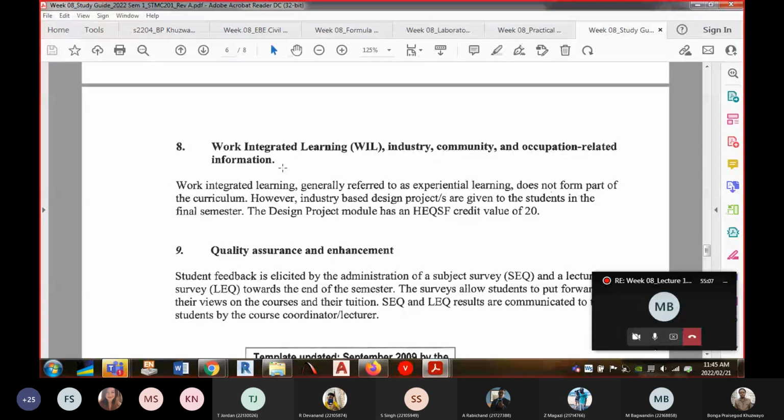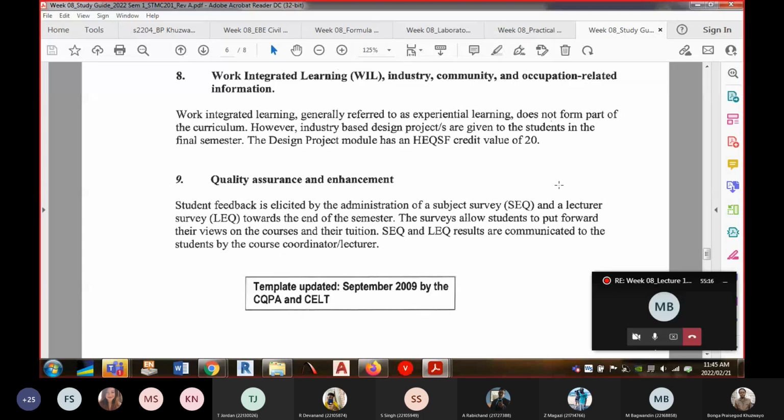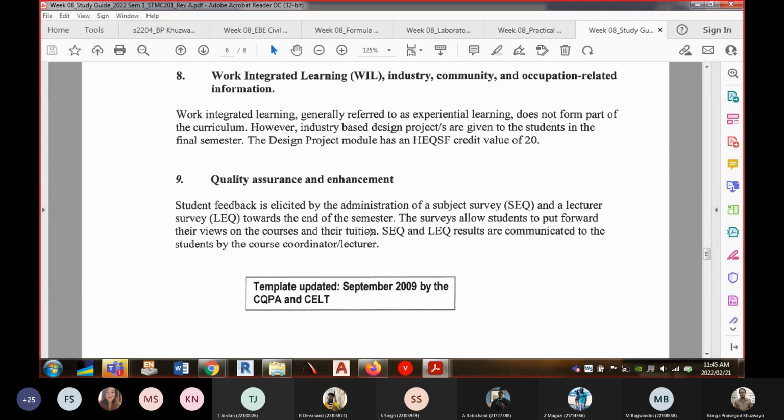What we have in this degree is a design project, which has a SAQA credit value of 20, not 24 as I suggested earlier. And then I also said item 9 is quality assurance and enhancement. 1 or 2 months into the course, I'm going to request you to complete SEQs, the subject evaluation questionnaire, and LEQs, the lecturer evaluation questionnaire.